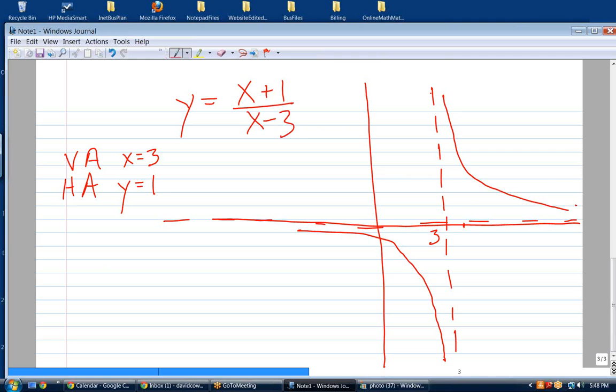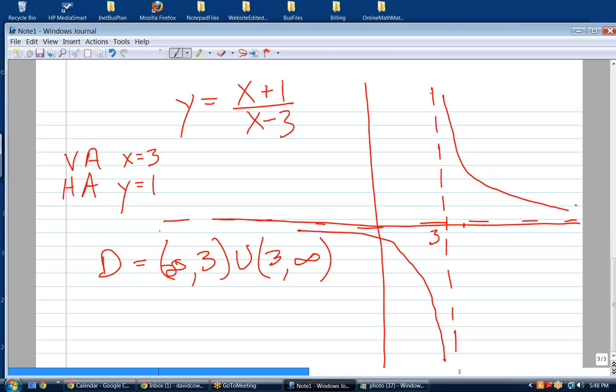It'd be negative infinity to 3, in combination with 3 to infinity.